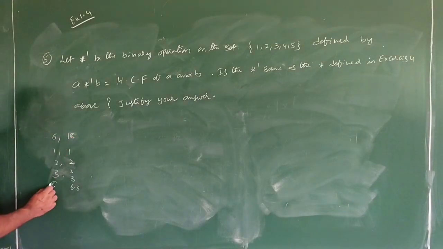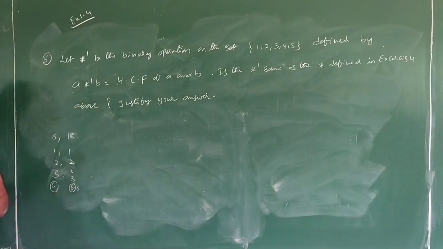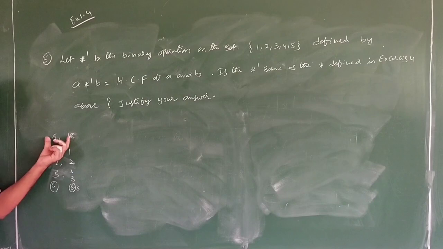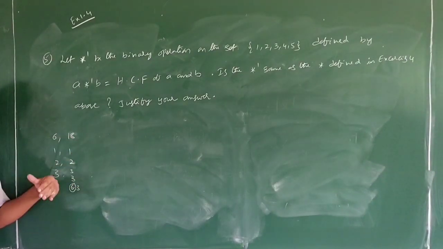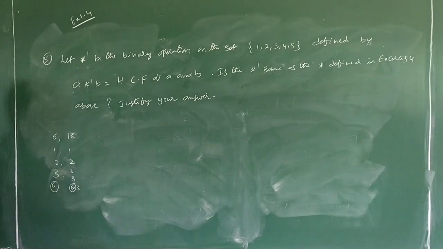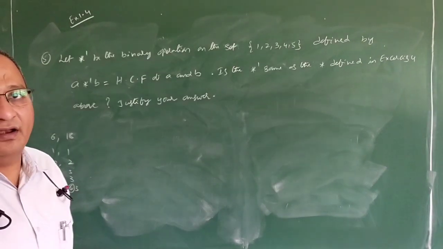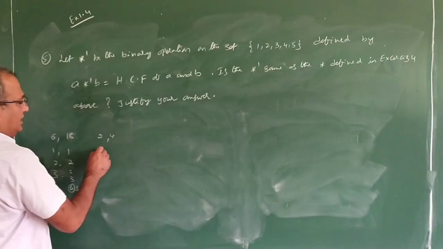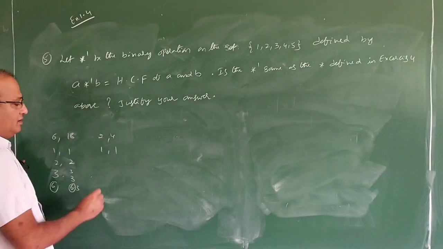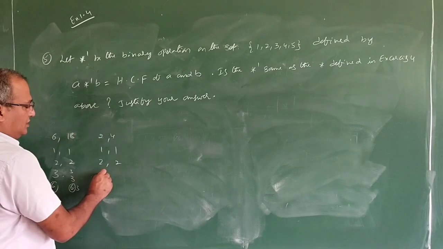In this one the highest common factor is what? 6. So what is the meaning of highest common factor? We have to check the common factors for these two, and the one which is the highest number is called HCF, highest common factor. For example, if you take 2, 4, what is the common factor? 1, 2.